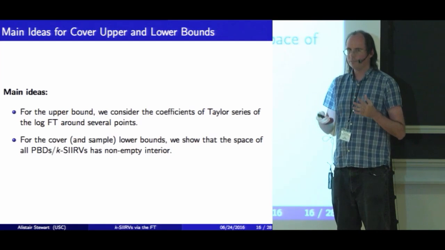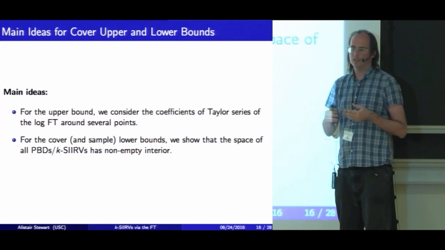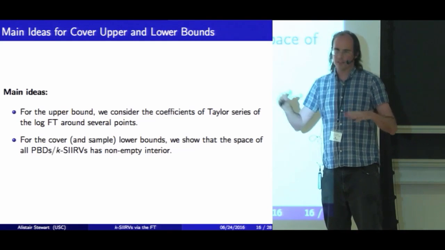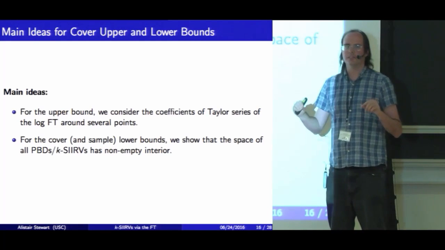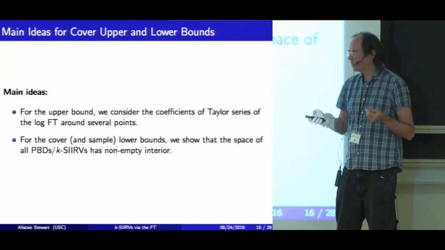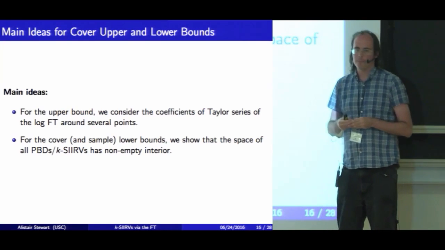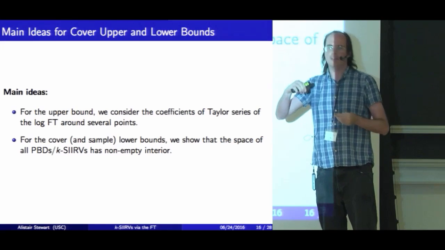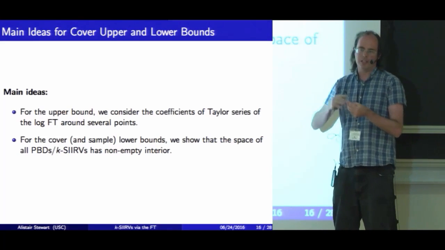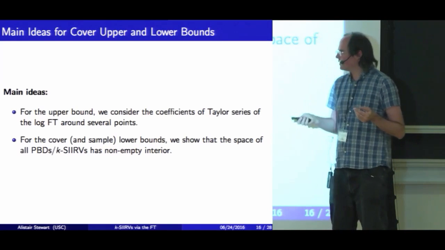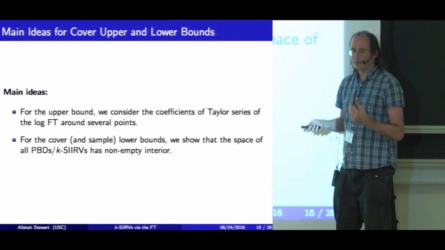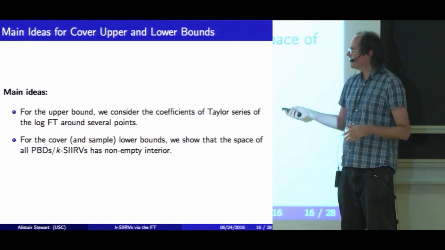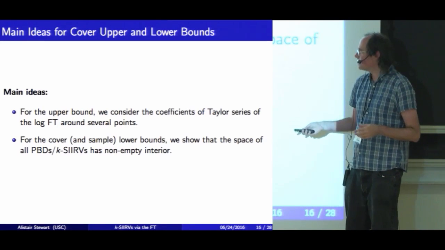We show that the set of all Poisson binomial distributions, or k-SIIRVs, considered as a subset of the set of all discrete distributions with the support, has a non-empty interior. In particular, we can construct a packing by taking a point deep in the interior and perturbing it in many ways, and this gives an epsilon packing. And similar techniques lead to the sample lower bound using Assouad's lemma.